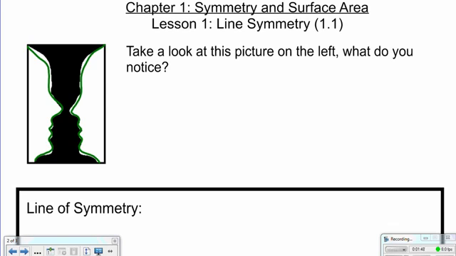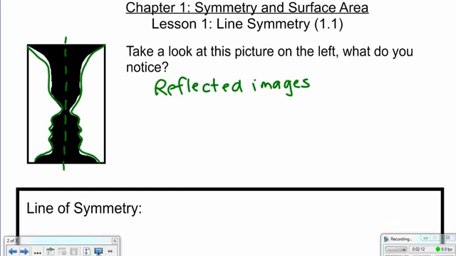Either way, we notice that both sides of the image are similar. They're opposites of each other, or they're reflections. So hopefully you notice that this image is made by two reflected images. And if I had to draw a line of where this reflection or where the mirror was, I would draw it down the middle. So a vertical line.